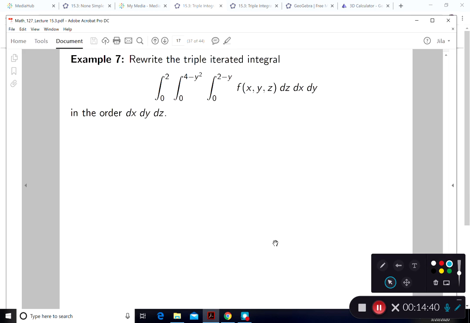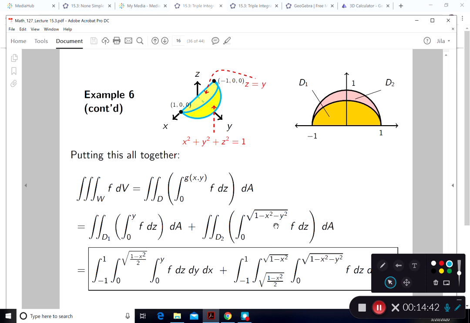And then you set up the integral, and the integral is going to be equal to the double integral of the triple integral, where the inside one on D1 goes from 0 to y, and on D2 goes from 0 to the upper half of the sphere.